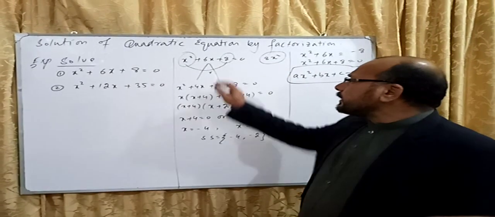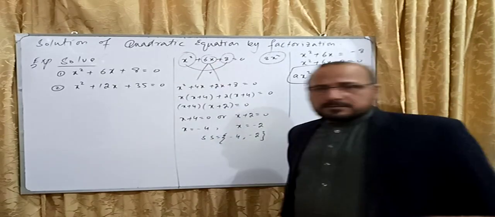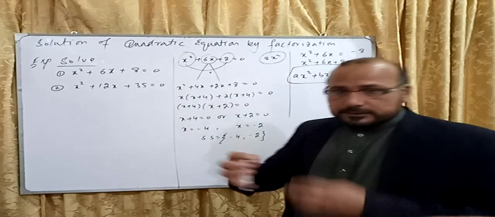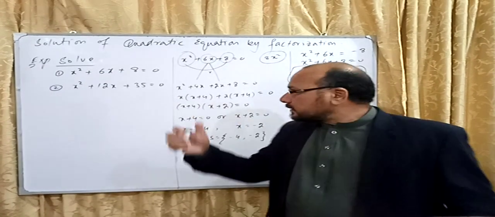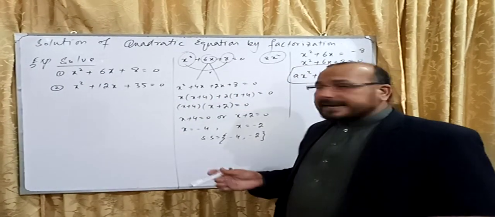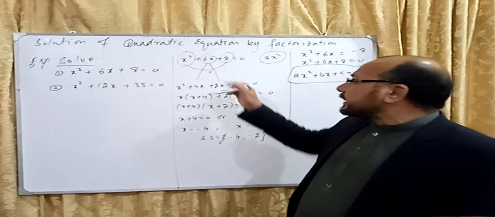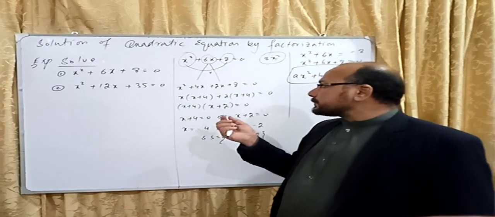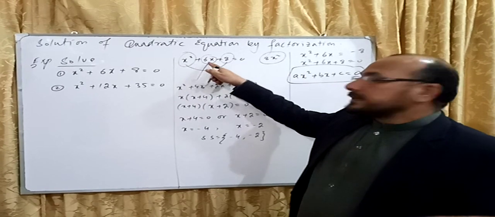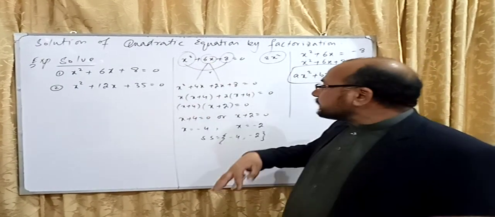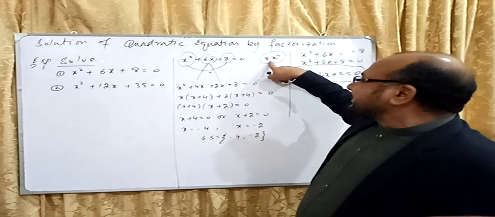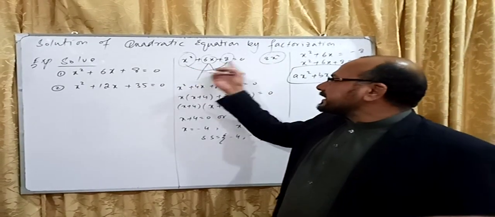After that, you will make two parts of the midterm. You will convert the midterm into two pieces. The addition or the subtraction of those pieces should give you again the same term. And the multiplication of those pieces should give you the multiplied form of the first and the last one.